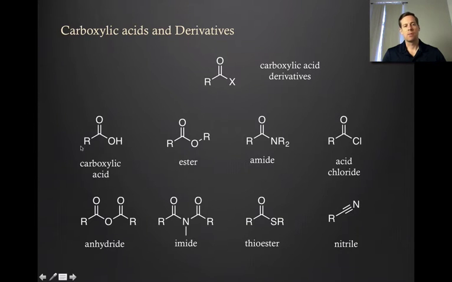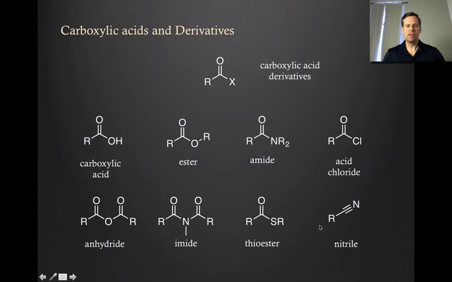We're going to talk about carboxylic acids themselves, esters, which are really just substituted acids, and a lot about amides, a very important functional group. Then acid chlorides, important and reactive species that we probably won't spend as much time on, anhydrides, imides, and some other things which are certainly relevant, like thioesters, which are biologically relevant. We'll talk a little bit about that.